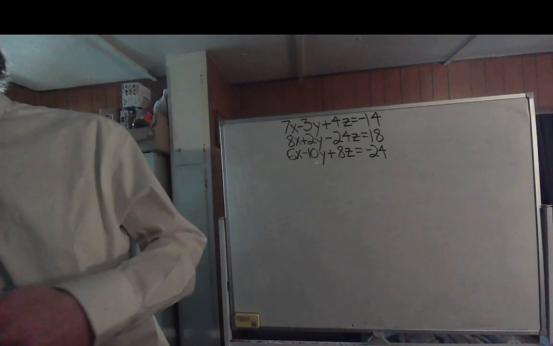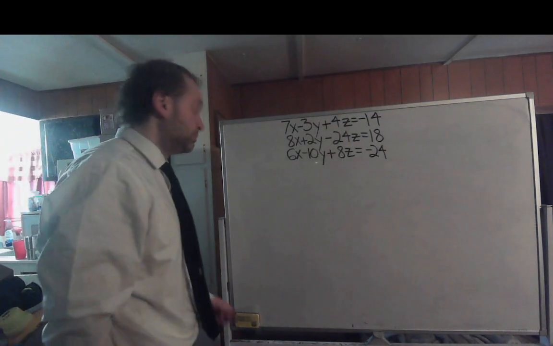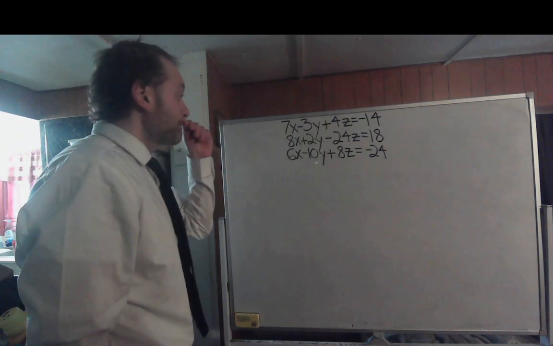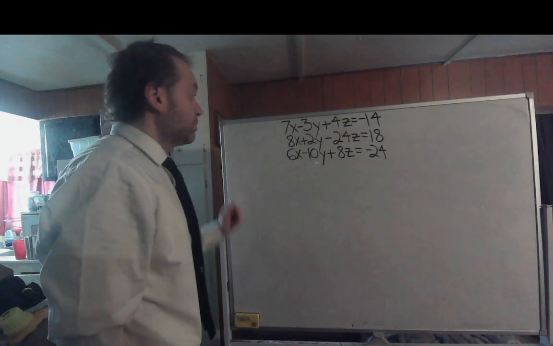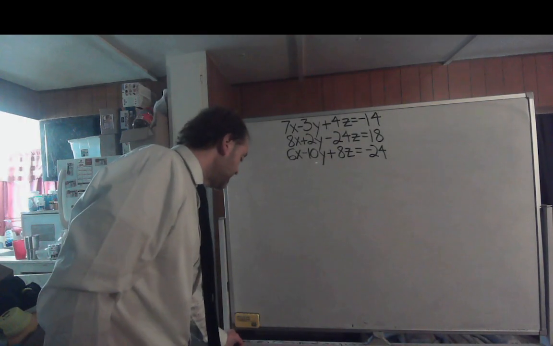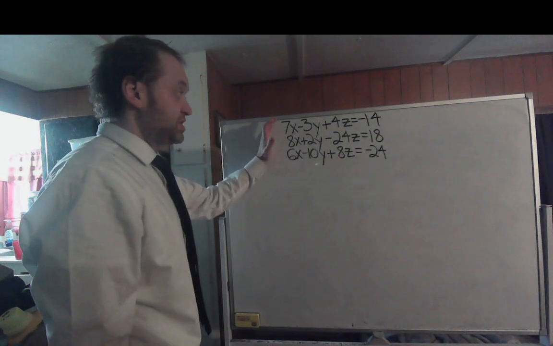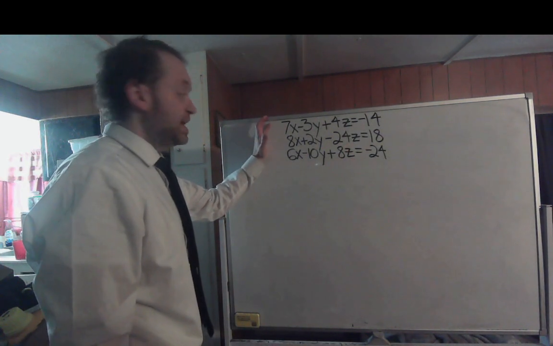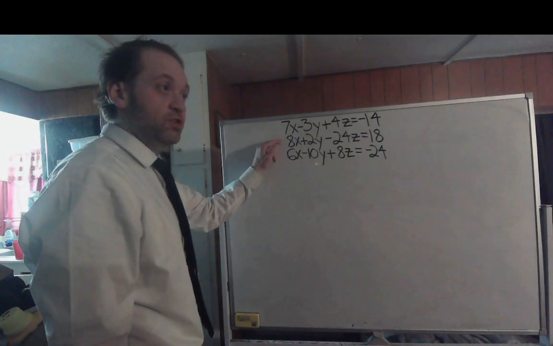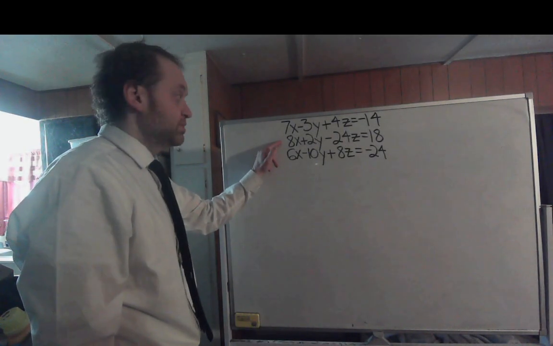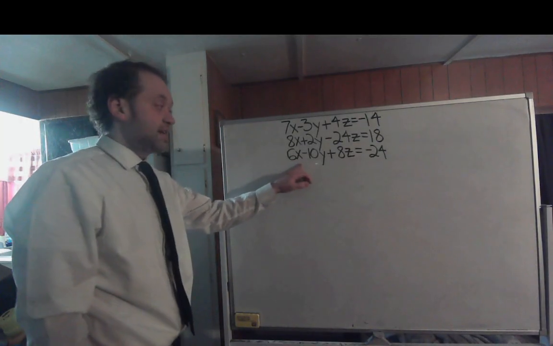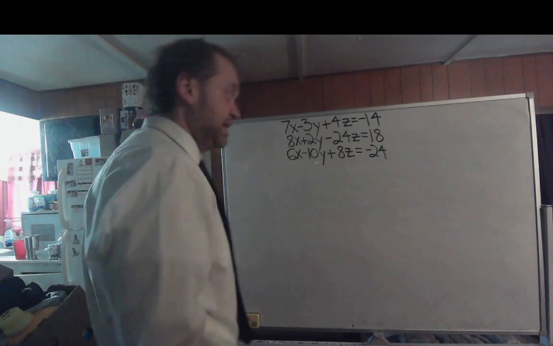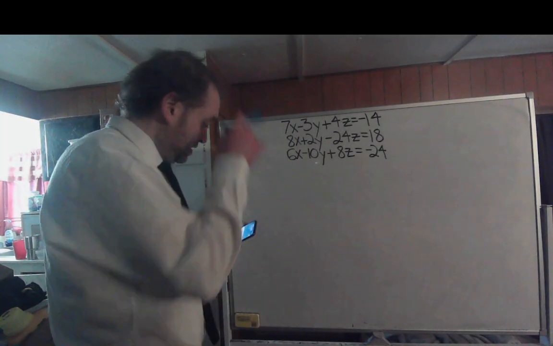We have some big numbers. So here we go. Here's our system. We have, again, 7x minus 3y plus 4z equals negative 14. 8x plus 2y minus 24z equals 18. And then 6x minus 10y plus 8z equals negative 24.